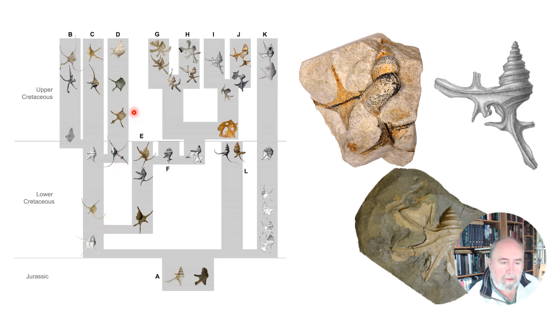So this group all have a simple rostrum, but we also have a group of shells with a bifurcated rostrum. So we have 2 digits here, and they are found from the lower to the upper Cretaceous, and in the upper part of the lower Cretaceous we also find a shell with a trifurcated rostrum.